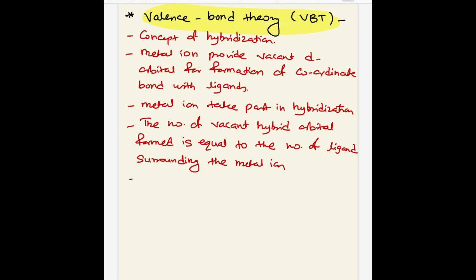The next postulate is that overlapping between the vacant orbital of the metal and the filled orbital of the ligand leads to the formation of the metal-ligand coordinate bond.